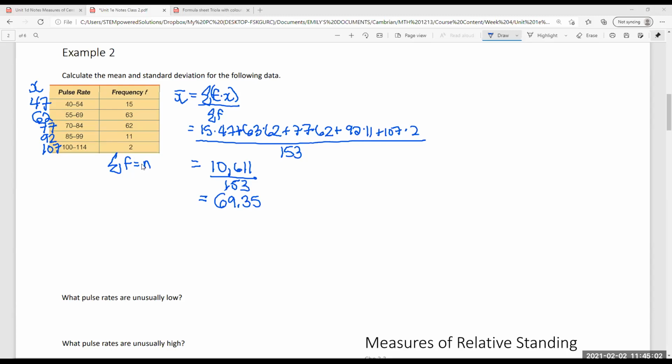So first we're going to generate our midpoints. Actually I already calculated the midpoints, but I'll say the lower class and then the upper class of our interval. And then the midpoint.